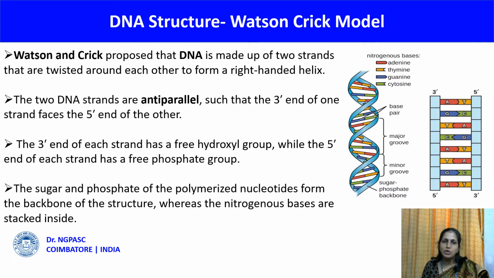The 3' end of each strand has a free hydroxyl group. So here you have a 3' end, and in the other strand you have here 3' end. This 3' end has a free hydroxyl group, while 5' end of each strand has a free phosphate group.